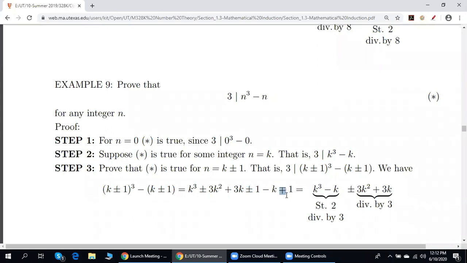This minus plus becomes minus. Similarly, if instead of plus minus here and here we have minus, this plus minus becomes minus, this plus minus becomes minus, but this minus plus becomes plus. Does this answer your question? Yes, thank you. Other questions? I'm still a little confused about the plus minus and minus plus.